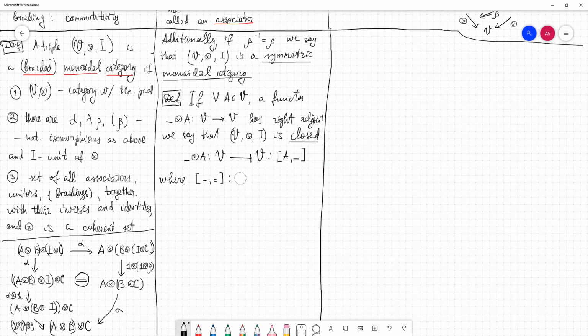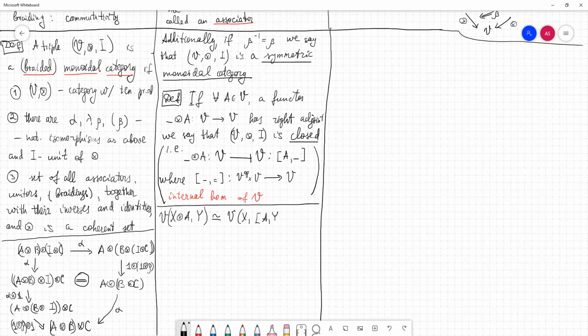The first component of it is contravariant. The second component is covariant, and the result is again in V. This bifunctor will be called internal home of category V. So we can write, let's say, X tensor A comma Y in a category V is isomorphic, as a set, by the way, to V X internal home from A to Y. So this is in Set.